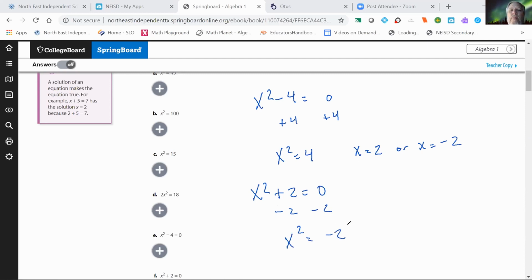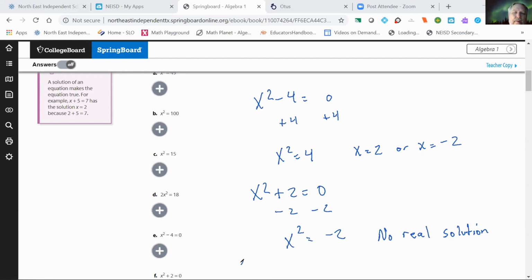And there's no real solution that if we square it, we'll get a negative value. So in this case, no real solution. We don't want to say undefined or no answer, we'll say no real solution, because using imaginary numbers, we can still work it out. But that's for another time.